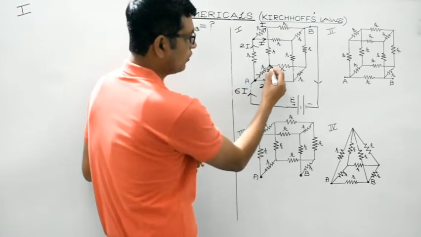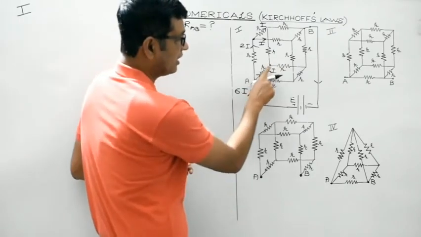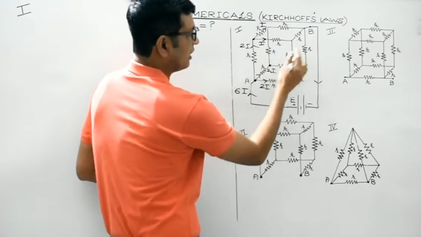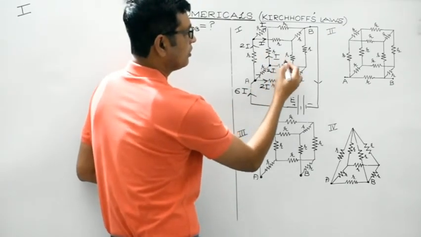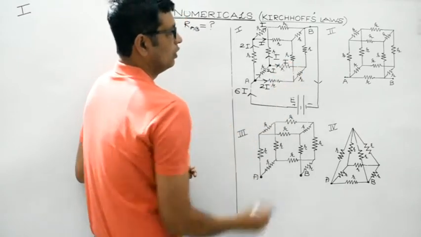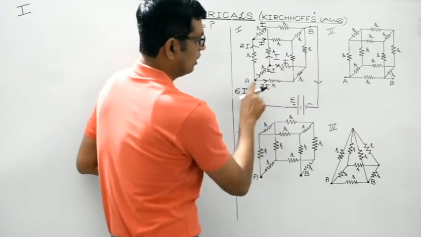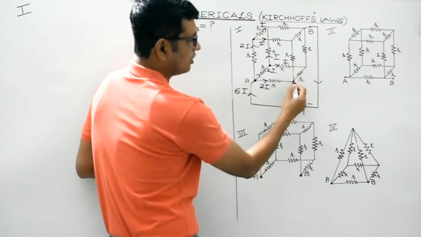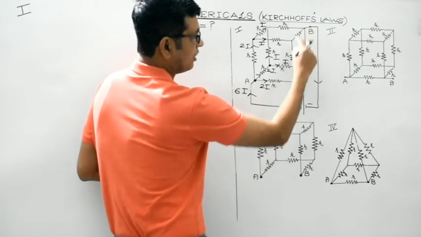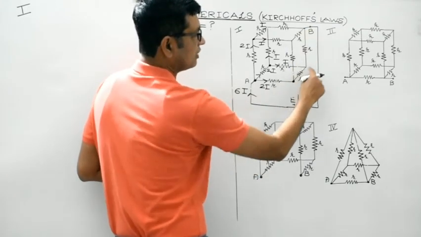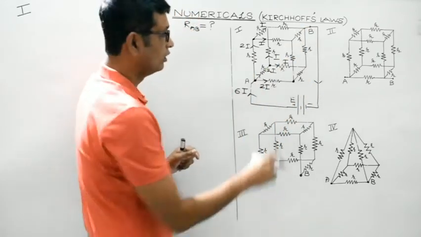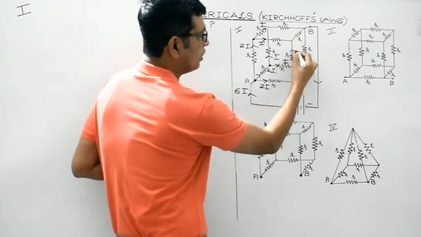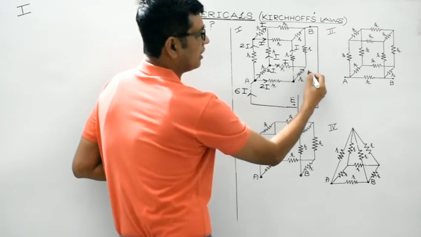Similarly, this point will act as a junction. Here the current entering is 2I, so it will get equally divided between 2 branches. Over here, 2I current is entering at this point, and this is the exit point. This path and this path offer the same resistance, so again this current 2I will get equally divided, I and I.